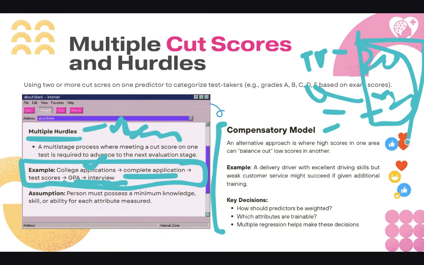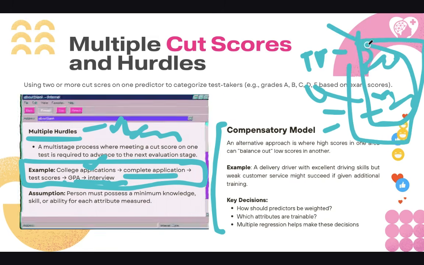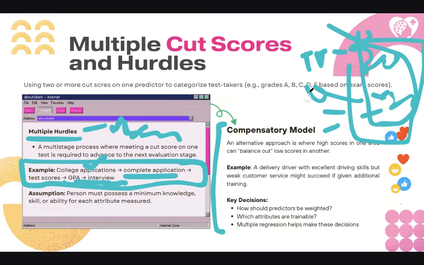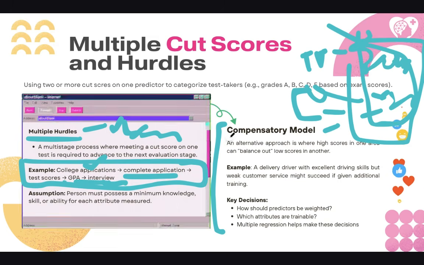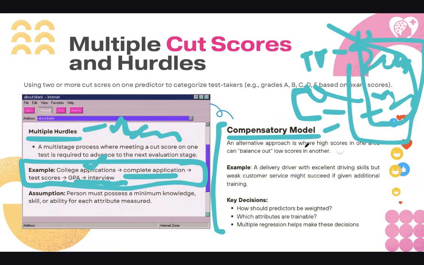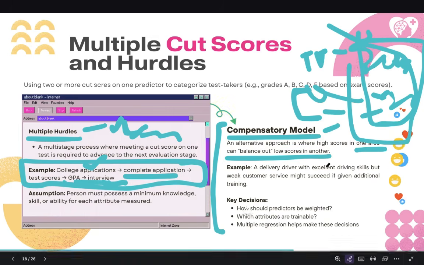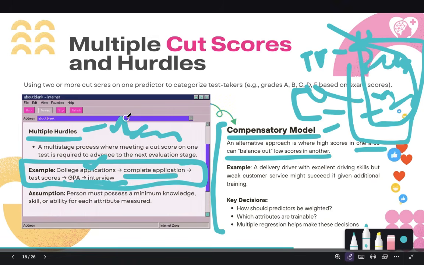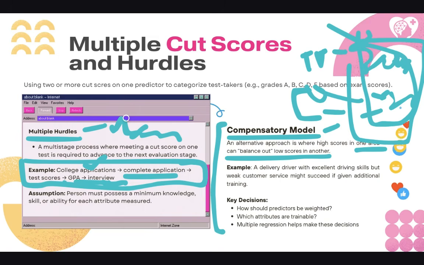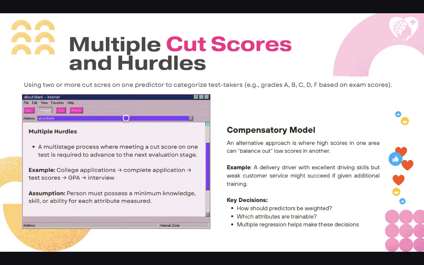So even if you scored low in the talent portion, if you scored high in both the evening gown and the question and answer, you still have a chance to win. That is the compensatory model, where high scores in one area balance out low scores in another. So those are the two models.